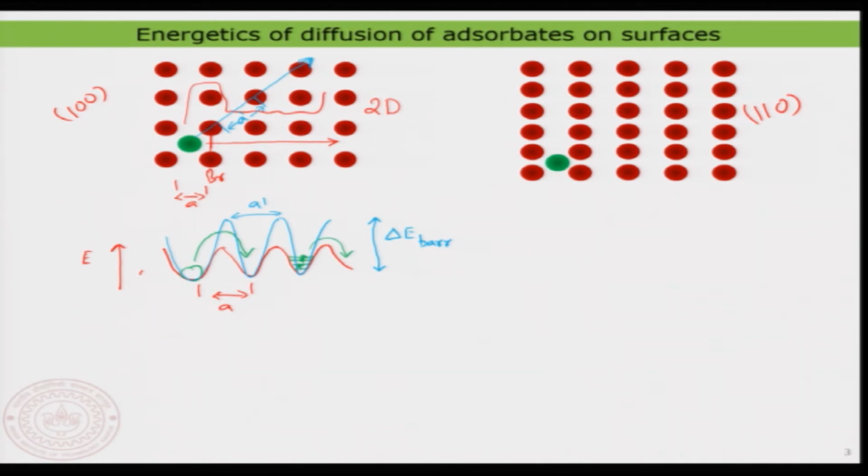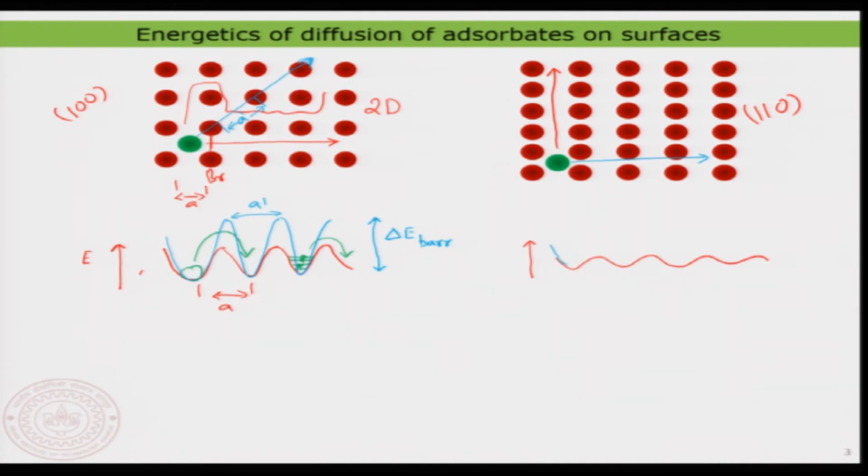But you see that when it needs to move along this particular path, the barrier that the atom is going to feel is relatively very small. So, it is going to be something quite shallow compared to an atom which is moving along this path, because you can see that the atom needs to literally climb up.